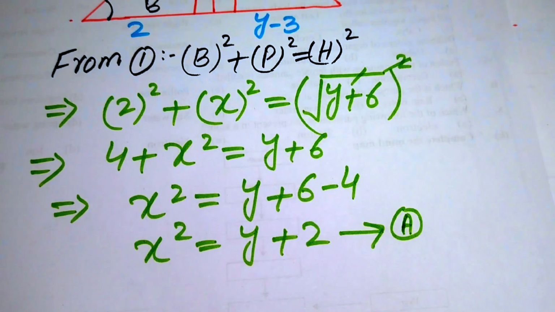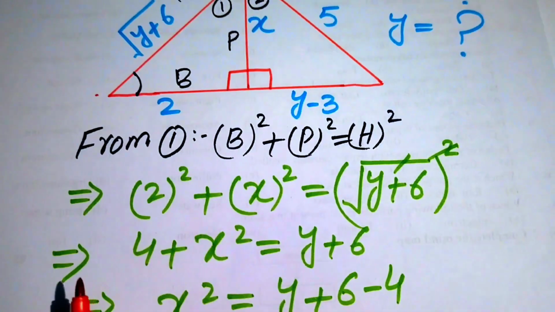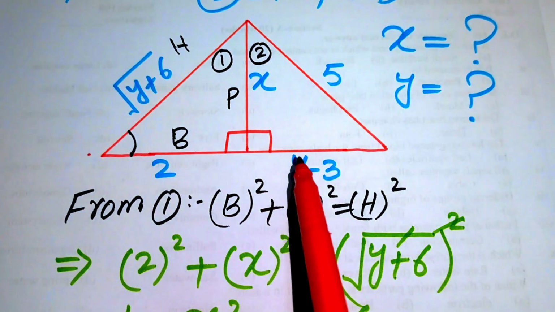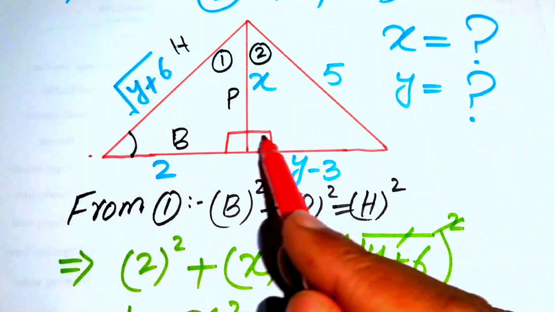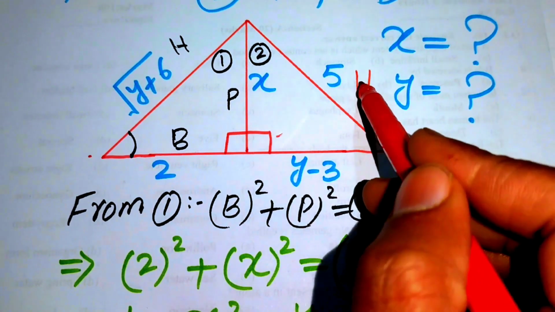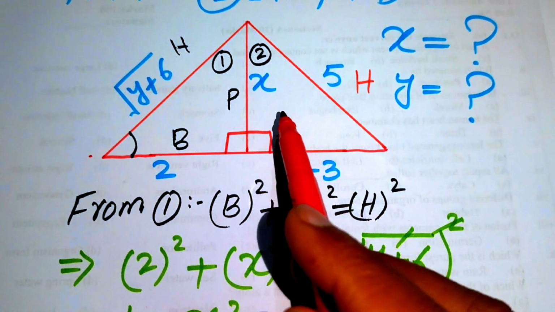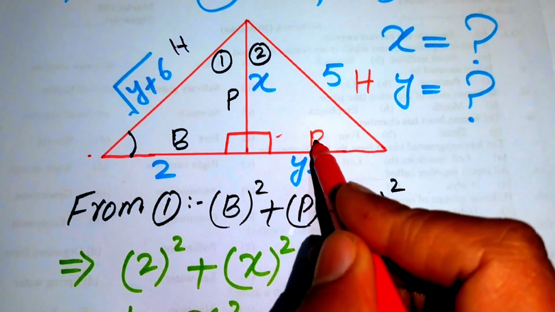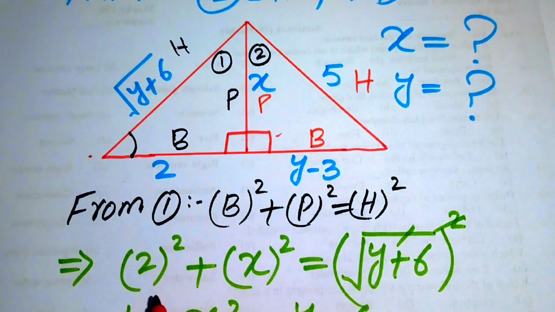Here we focus on right triangle 2. This is our right triangle 2, and this is the right angle, and the side opposite to the right angle is called the hypotenuse. In right triangle 2 we have the hypotenuse, this is our base, and this is the perpendicular.